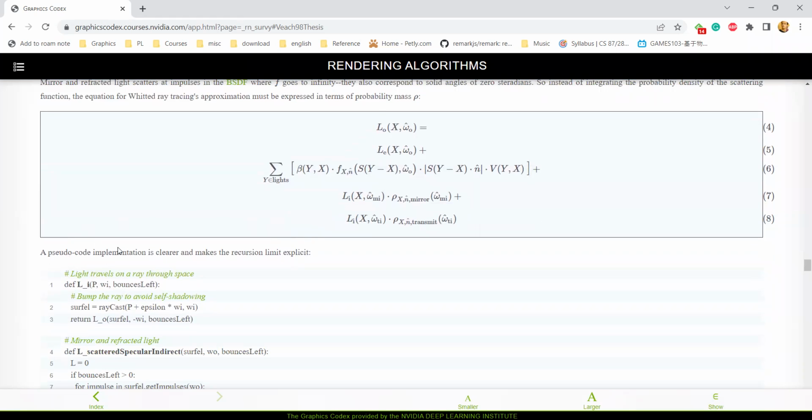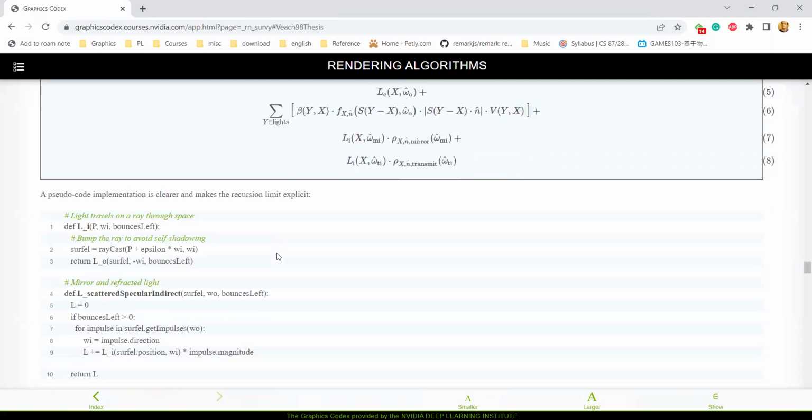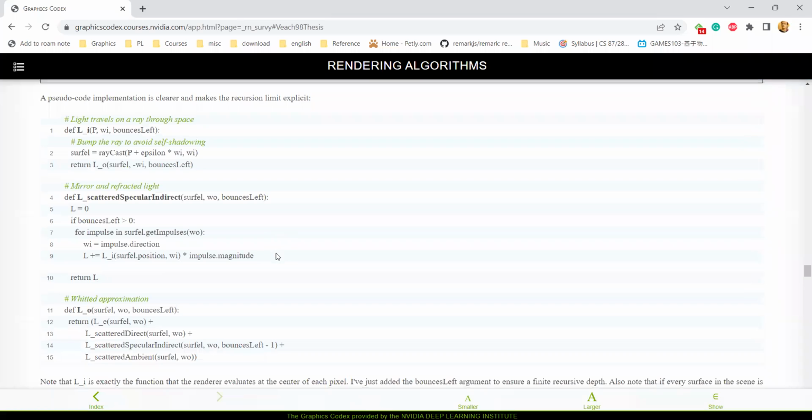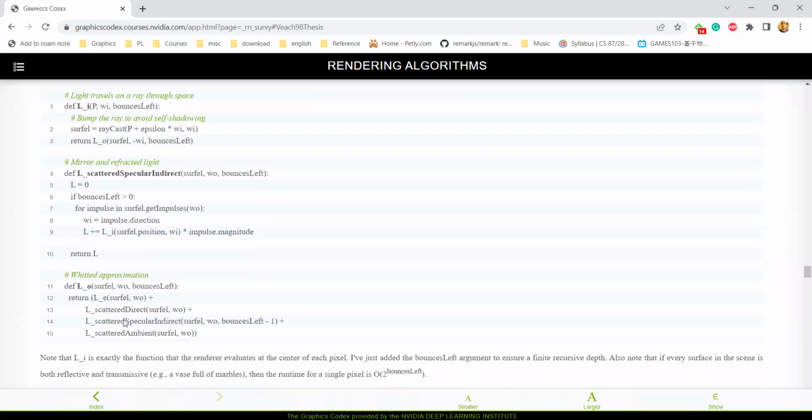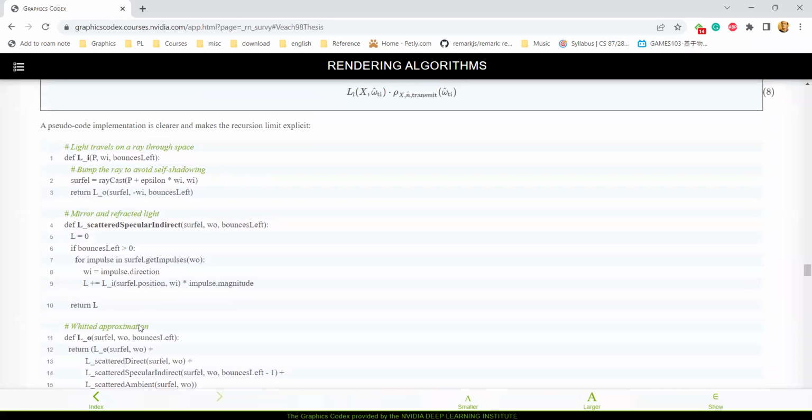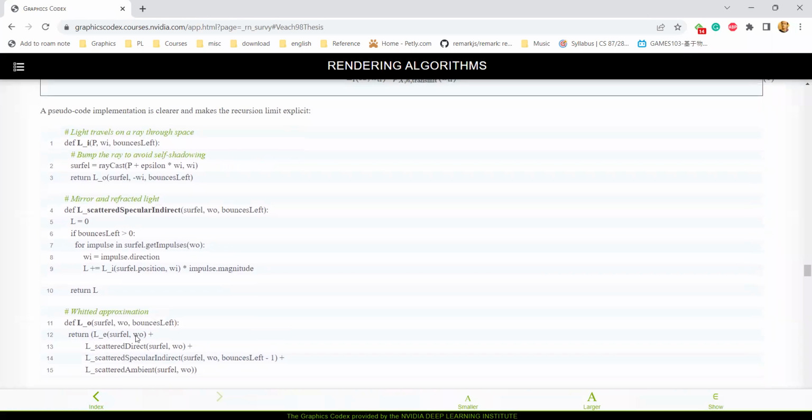The code implementation is clear and makes the recursive limit explicit. So the weighted approximation is the three terms: direct, ambient, and the specular term. The bounces-left argument is used like a countdown.